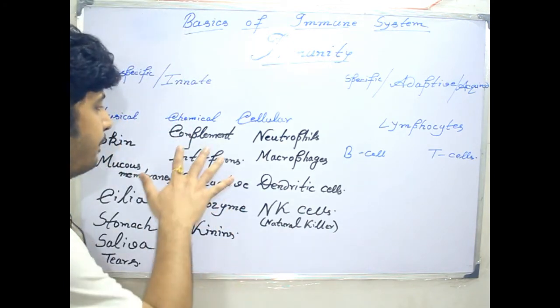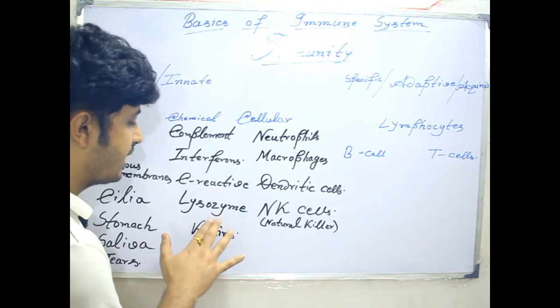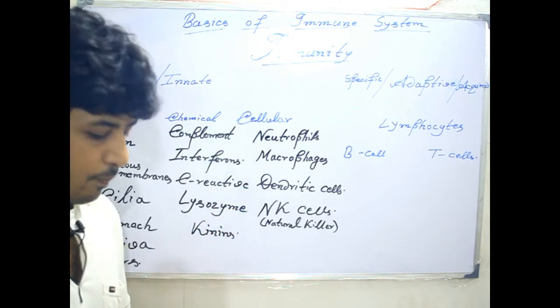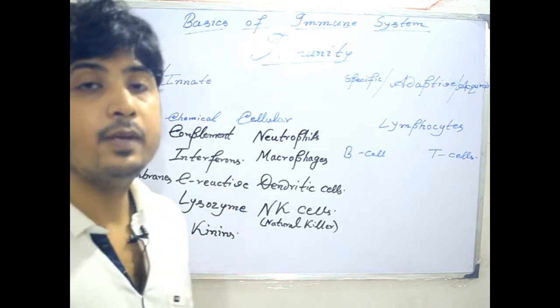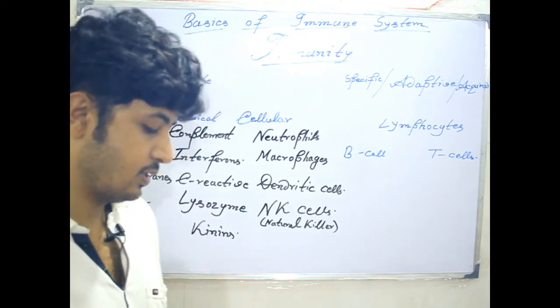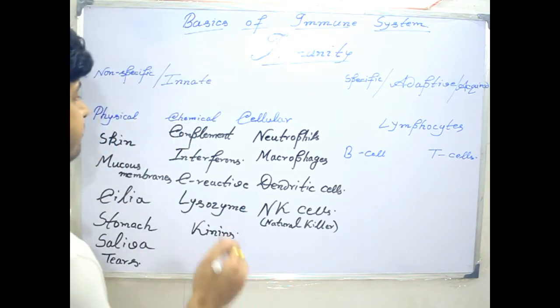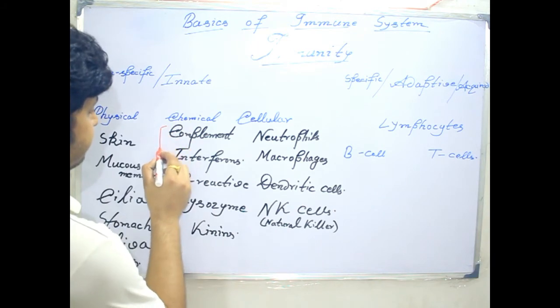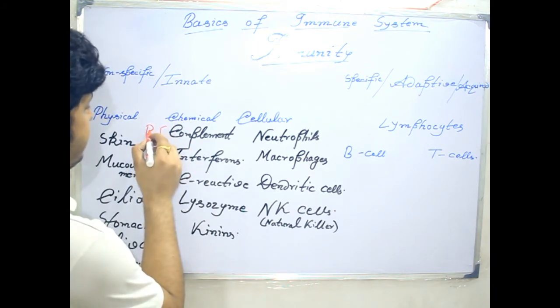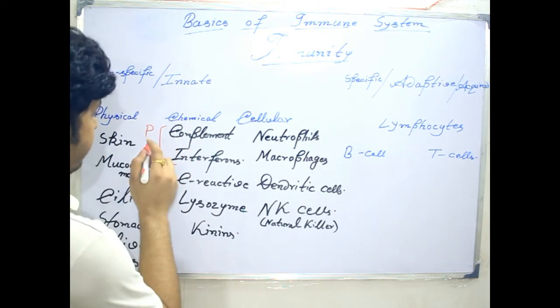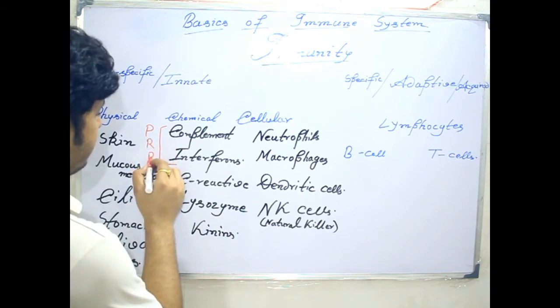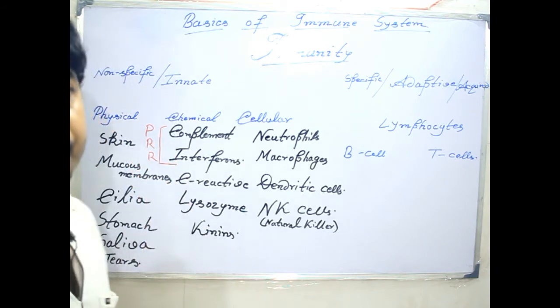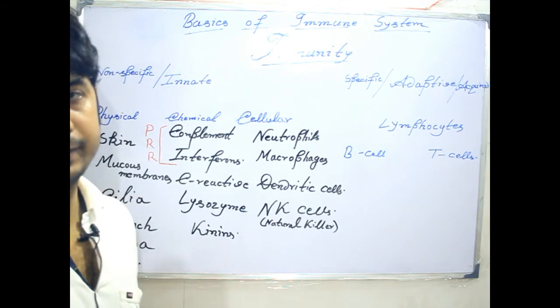In the case of complement, interferon, C-reactive protein and lysozyme, these are the components which have an inborn mechanism of what? That is PRR, pattern recognition receptors.